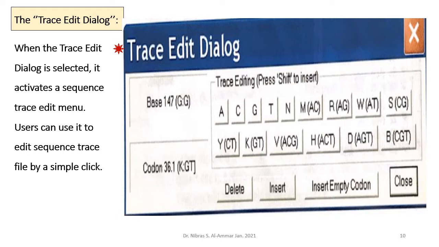When we select the trace edit dialog, it activates a sequence trace edit menu. The user can use it to edit the sequence trace file by a simple click. Here you can see many buttons, and each one has a specific function.